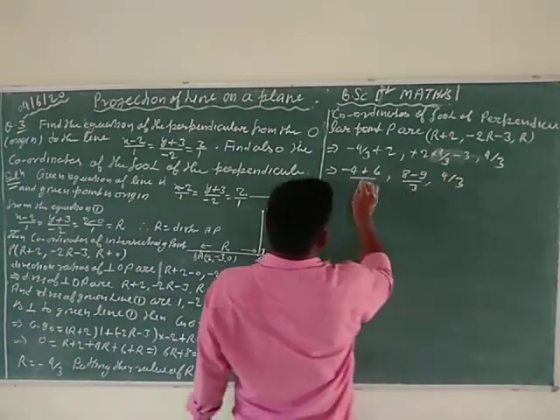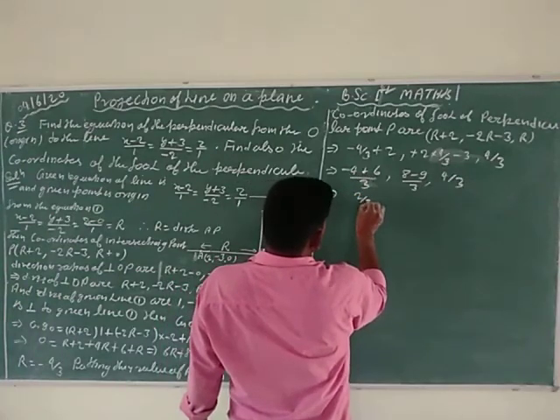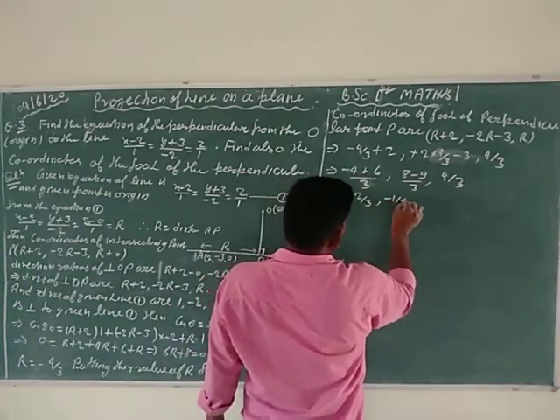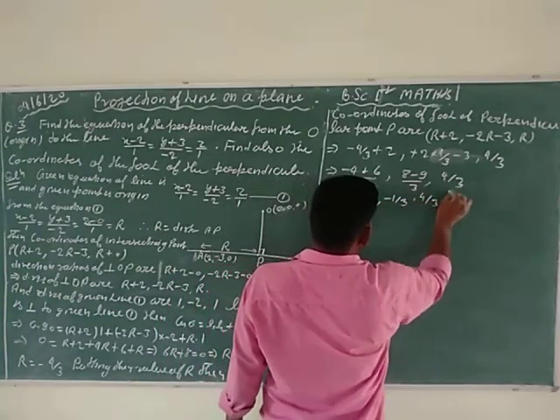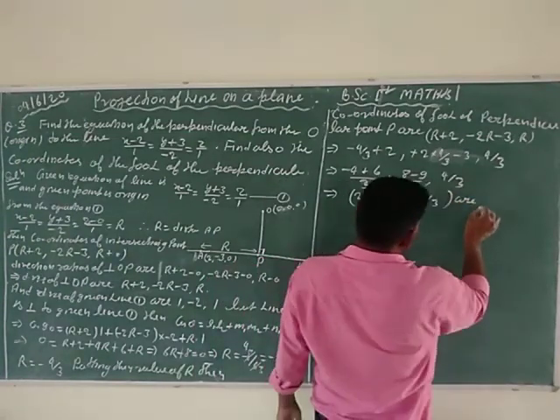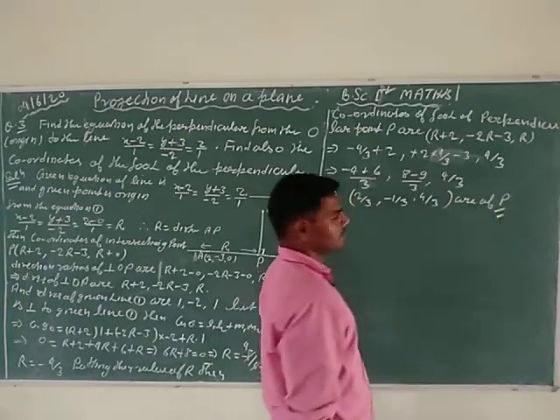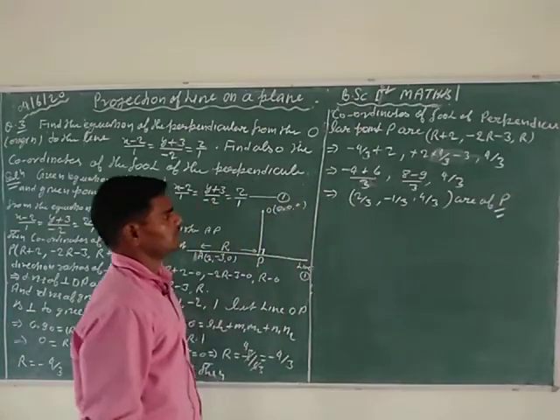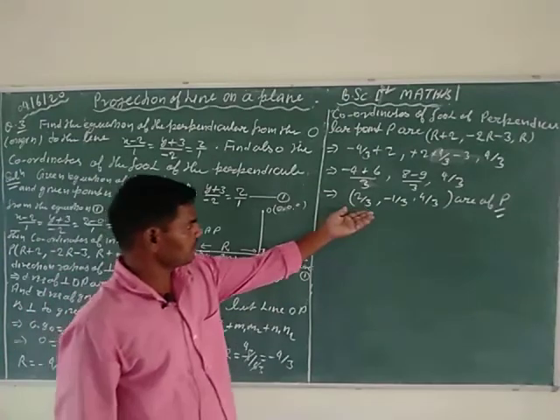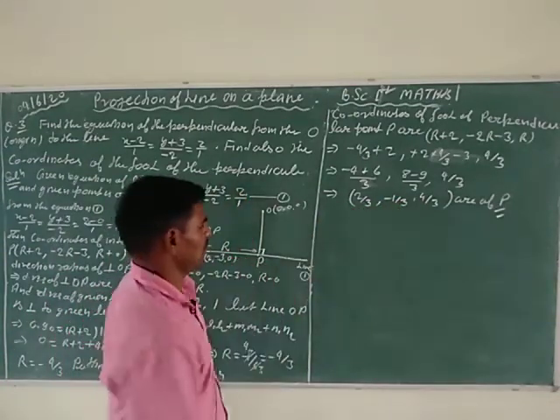It implies 2 by 3, minus 1 by 3, and minus 4 by 3. So the coordinates of the foot of perpendicular are 2 by 3, minus 1 by 3 and 4 by 3.